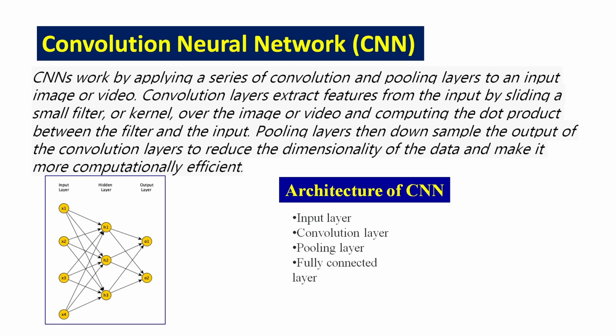But pooling layers will downsample the output, because this convolution can create a very large amount of data, and many times it will not be easy to handle, and deep learning requires a lot of data. So, the pooling layer will downsample the output of the convolutional layer to reduce the dimensionality of the data, and that makes it computationally very efficient. This is a very unique idea and it works very nicely.